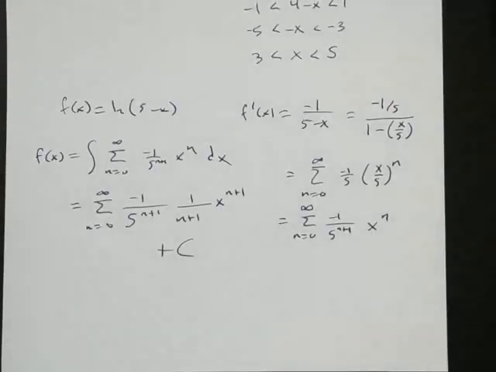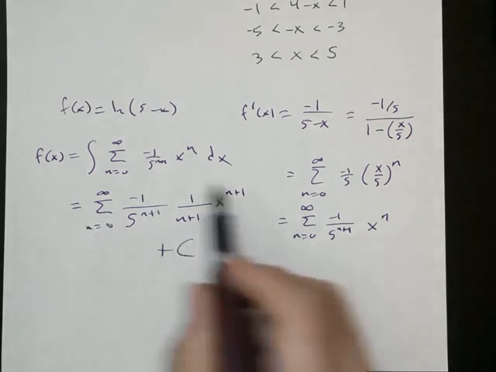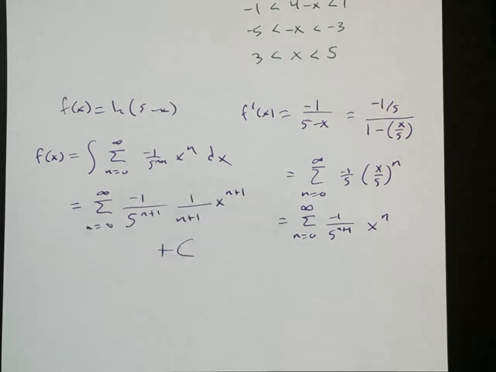I should figure out the value of C. Easiest way to do that is to plug in something that's going to cause all of these to cancel out. And in this case, that would be 0, right?